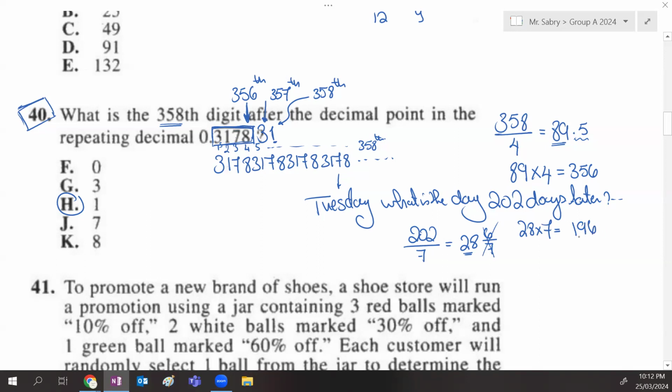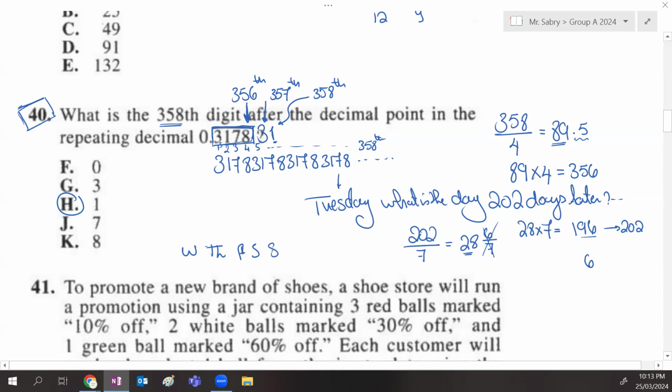To get from 196 up to 202, I'm talking about 6 more days. So I count from Tuesday 6 days: Wednesday, Thursday, Friday, Saturday, Sunday, Monday. Do you understand?